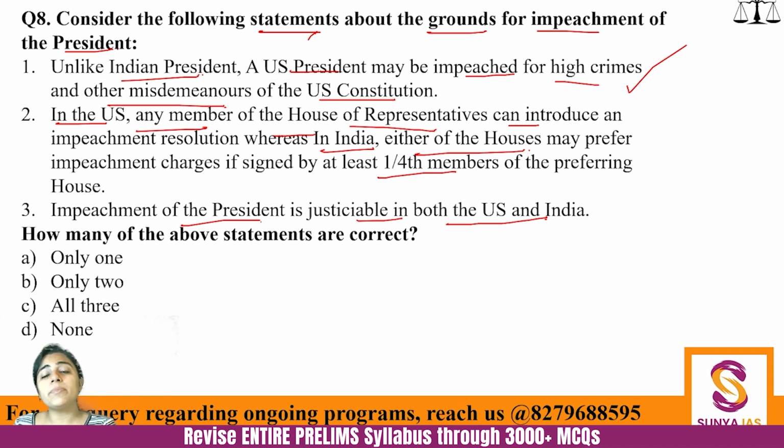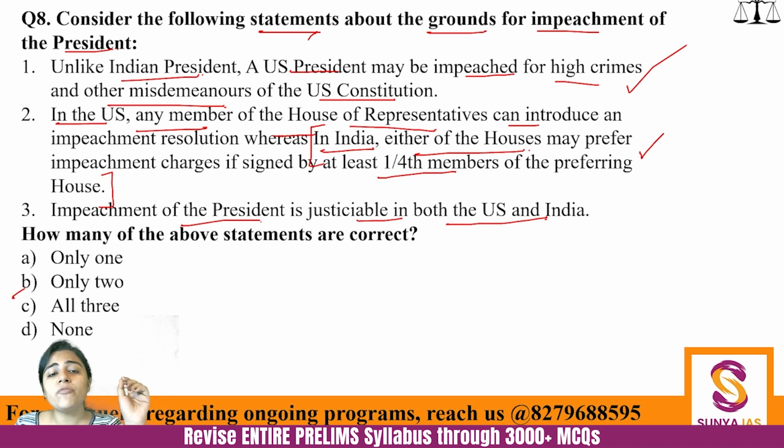The second statement, please write down where you have written down regarding the US president, that any member of the House of Representatives can actually initiate the impeachment process, and this much we know, that we need to have 1/4 members that are allowing this resolution to be presented in the Lok Sabha or Rajya Sabha itself, and that means in both the houses of parliament the impeachment process can begin.